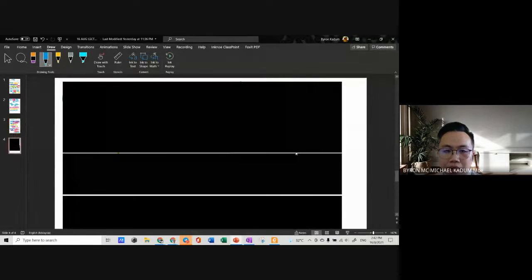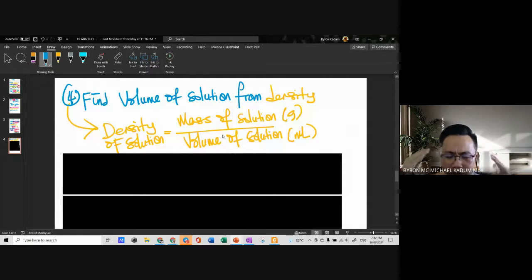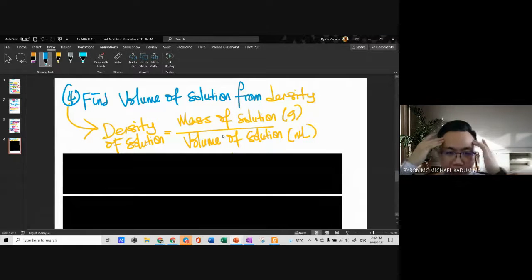Now, next, what you need to do is find the volume of solution from density. Look, the density of solution is defined as the mass of solution over the volume of solution. If, okay, I'm going to say this in Malay. Excuse me for that. If a student forces themselves to memorize, oh, I must memorize, obviously their brain will jam.